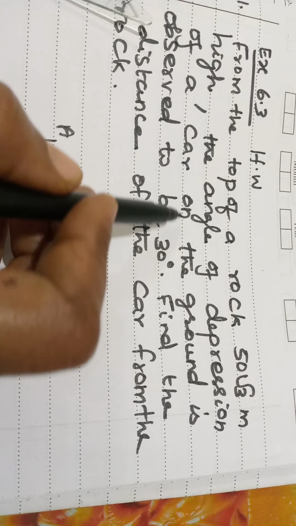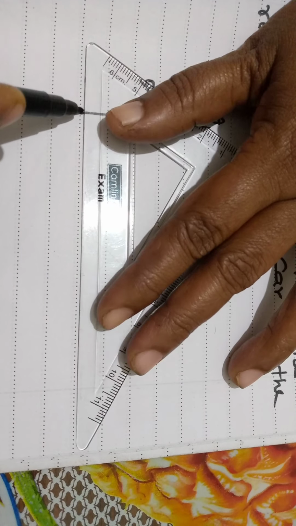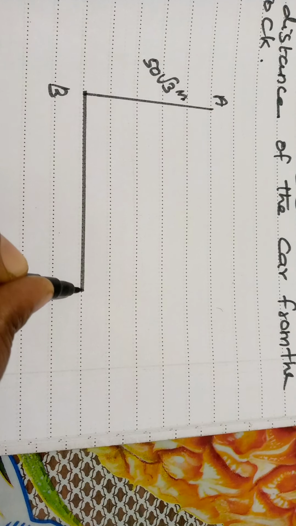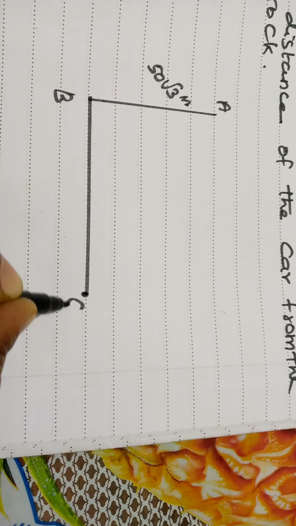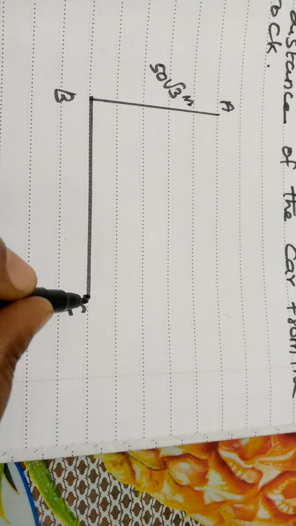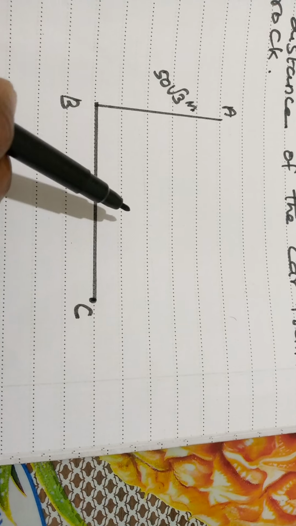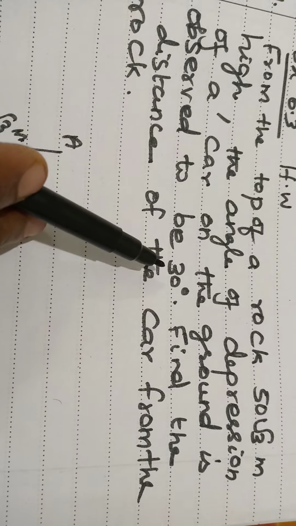The angle of depression of a car on the ground. It is the ground level. Just imagine there is a car, that is C. The position of C is the car. The car on the ground is observed to be 30 degree.